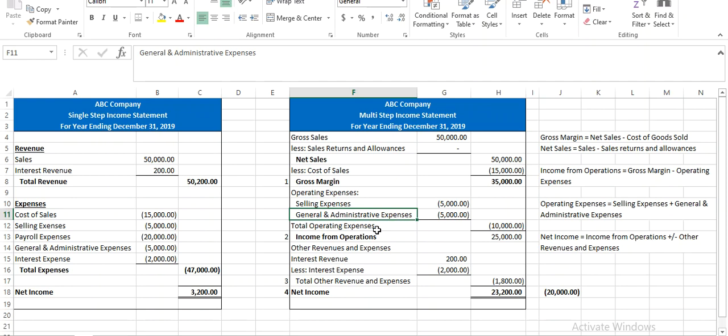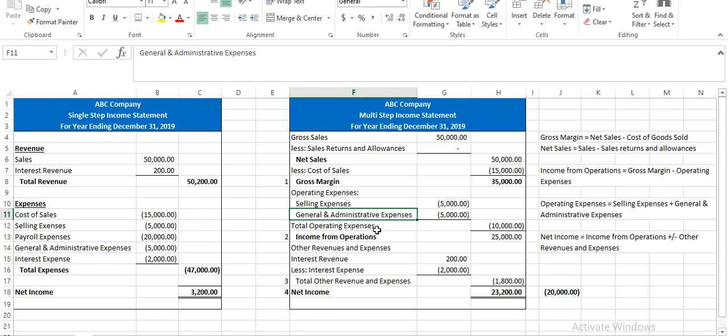In this instance, we're going to assume that payroll expenses is just regular payroll. Like we said, that happens whether or not we sell the goods or not. So they're not considered a part of selling expenses because they're not directly related to selling the product.